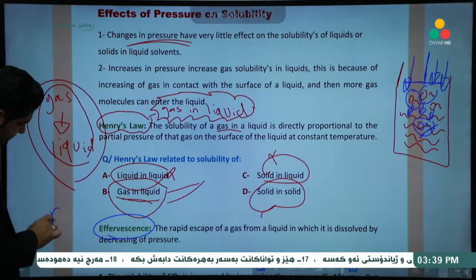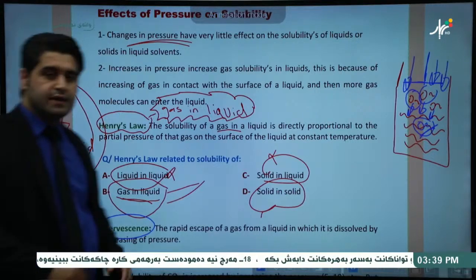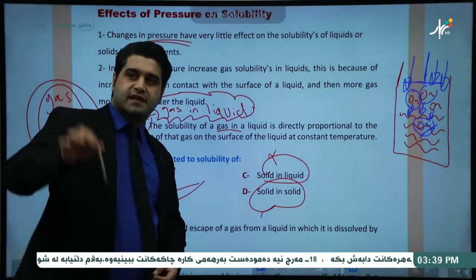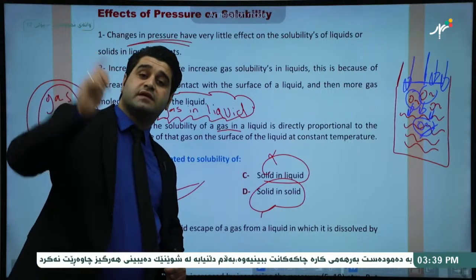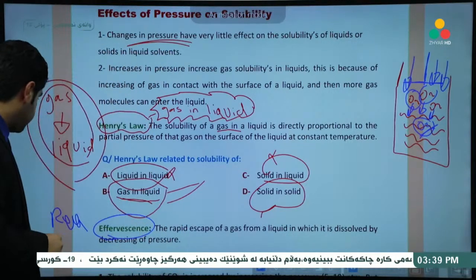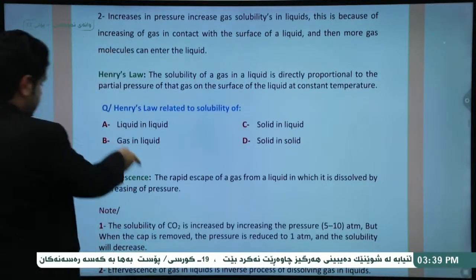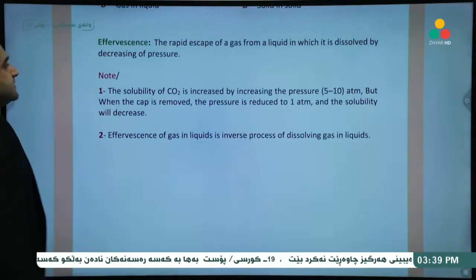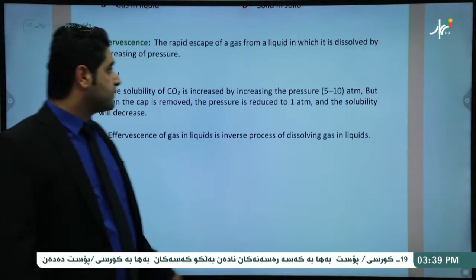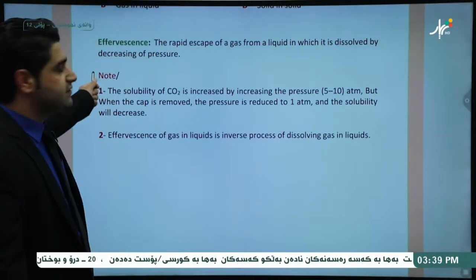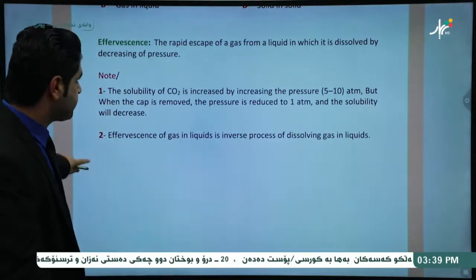If gas molecules enter the liquid, it's gas dissolution. What about escaping? It's effervescence. Effervescence is the rapid escaping of dissolved gas from the liquid, which happens by decreasing pressure.